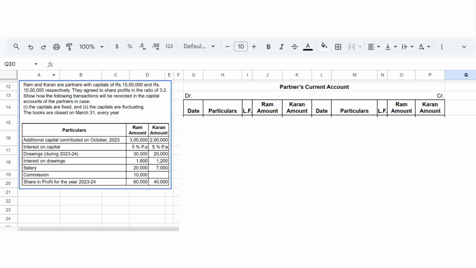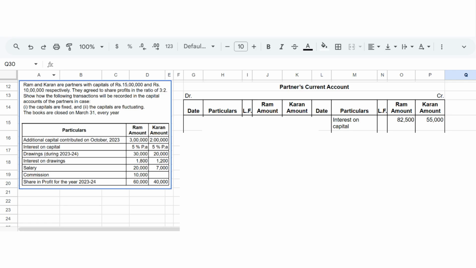Next, partners current account. Debit side, credit side, date, particulars, journal folio, Ram, Karan, date, particulars, journal folio, Ram and Karan. Now interest on capital. We have calculated interest on capital. For Ram it is 82,500 and for Karan 55,000 rupees.